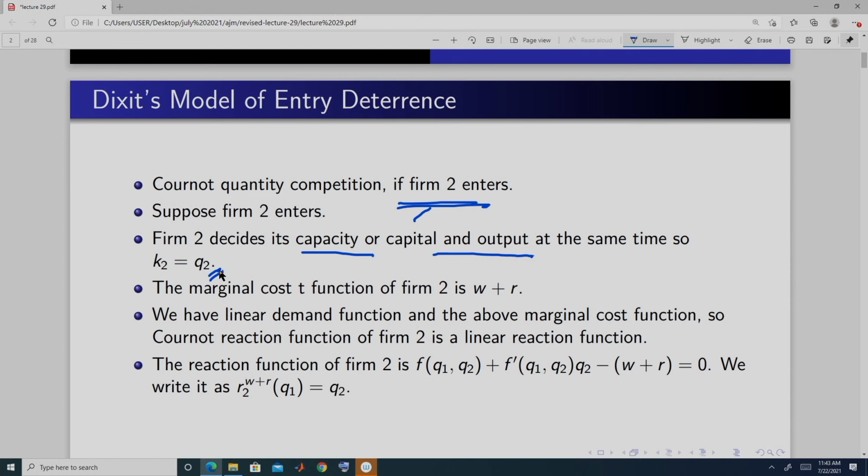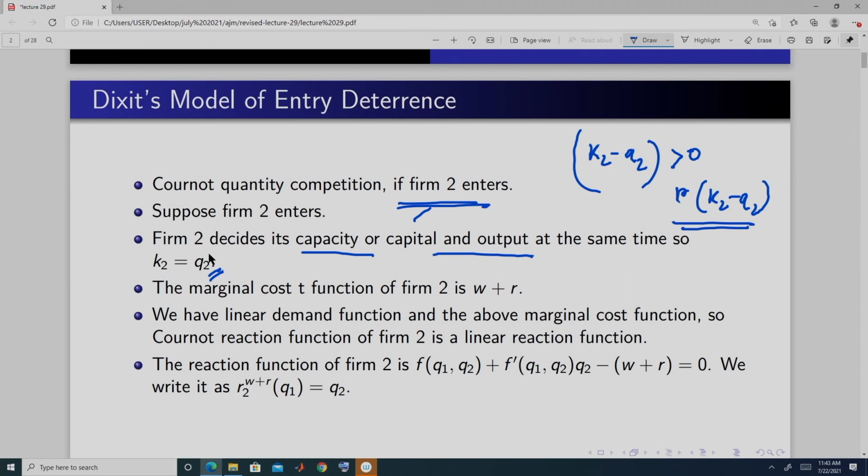If the capacity is more than the output produced, then there is a cost on this excess capacity, and it is not getting any return on it. That is why it is not an optimal strategy for firm 2 to have a capacity higher than its output. So K2 is always going to be equal to Q2, the output of firm 2.